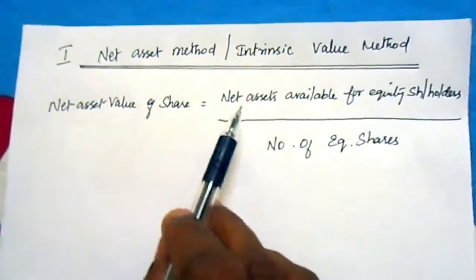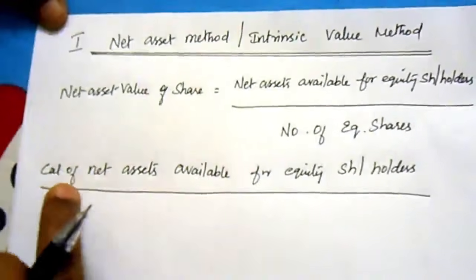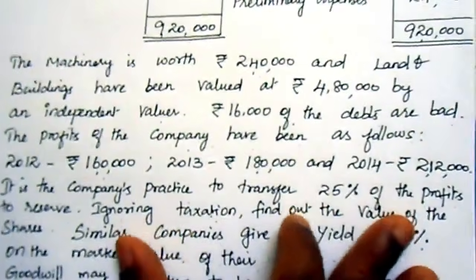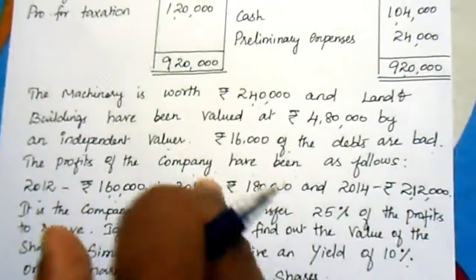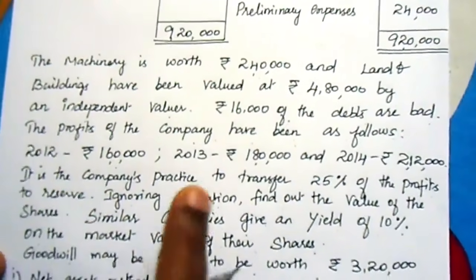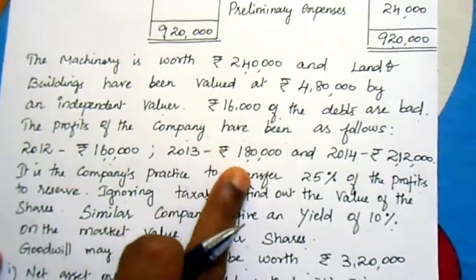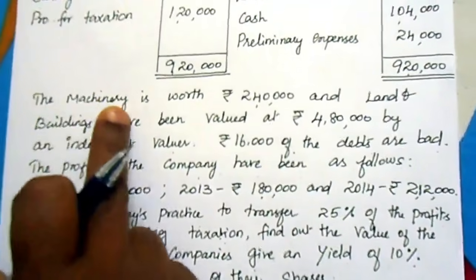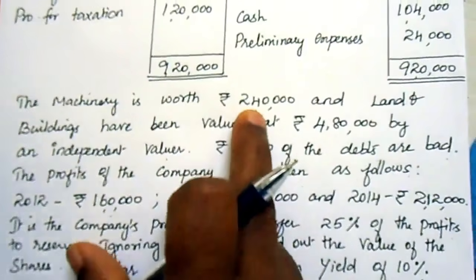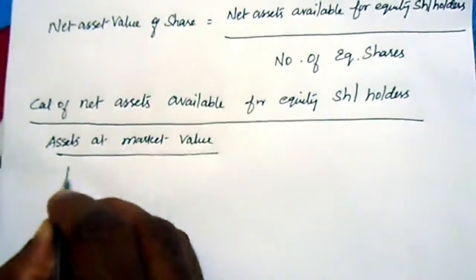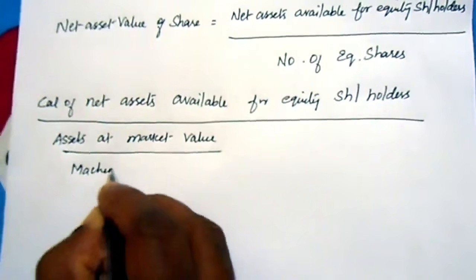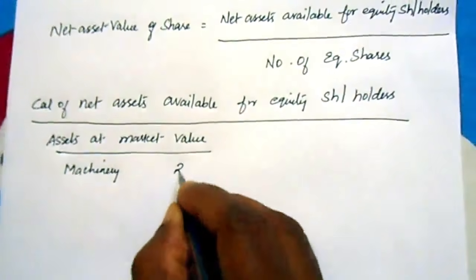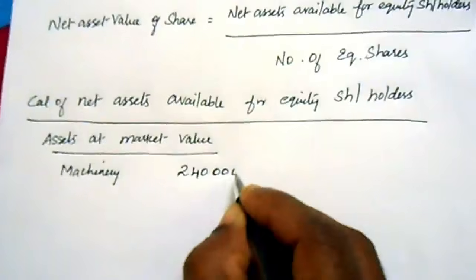Okay, so now let us see how to calculate this value. Calculation of net assets available for equity shareholder. While you take the asset, look at the adjustment. Just take the agreed value, that is market value, of assets and liabilities. The first one, assets at market value. First one, machinery. According to adjustment, the market value is 2,40,000.